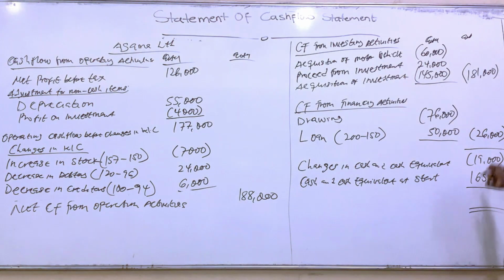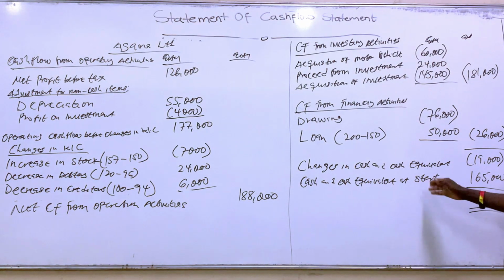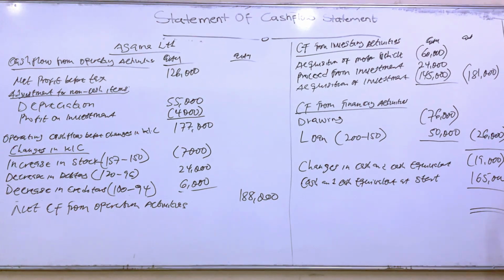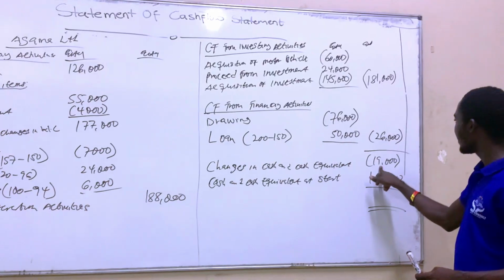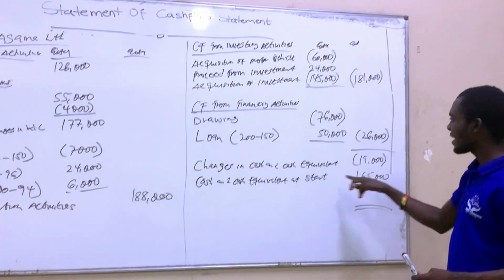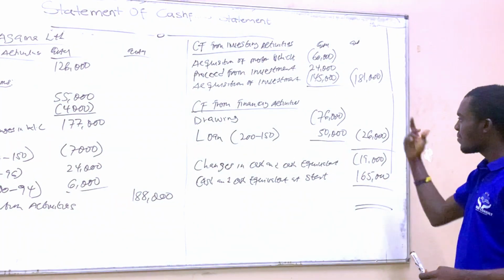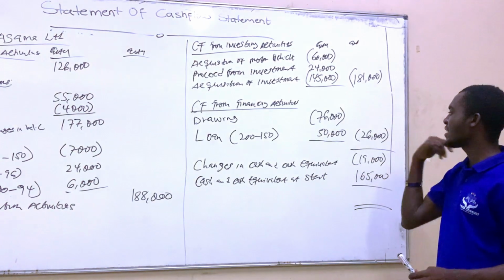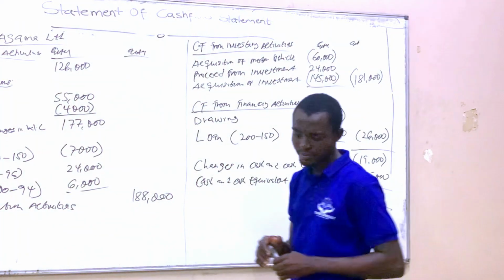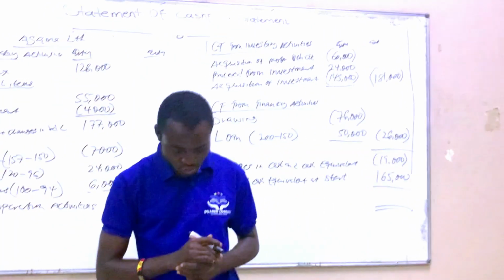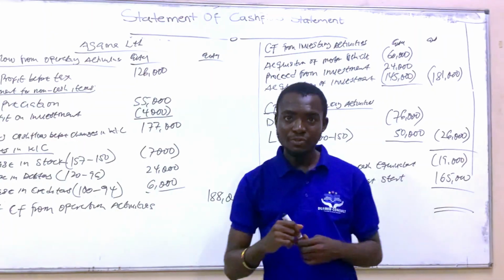And then the difference between the changes in cash and cash equivalents and the cash and cash equivalents at start will give us the cash and cash equivalents at end. Since this is a negative, we subtract it from the cash and cash equivalents at start. But in case the changes in cash and cash equivalents is a positive figure, we will add it. So the difference between the two will give us 146,000.